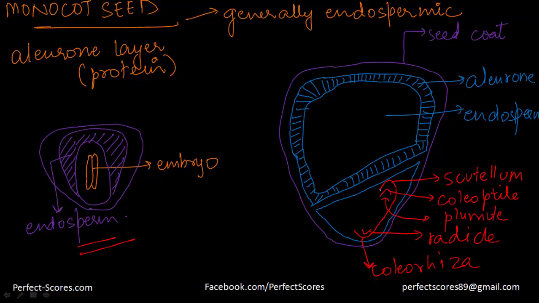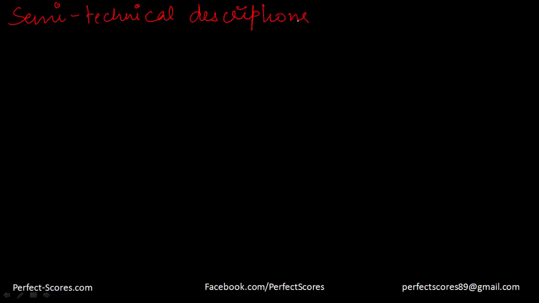Now the next thing that we need to cover in this video is how typical flowering plants are described. Now there are some indicators, so I'm going to cover that under the semi-technical descriptions of typical flowering plants. There are lots of keywords that are used, and there are two parts of this.